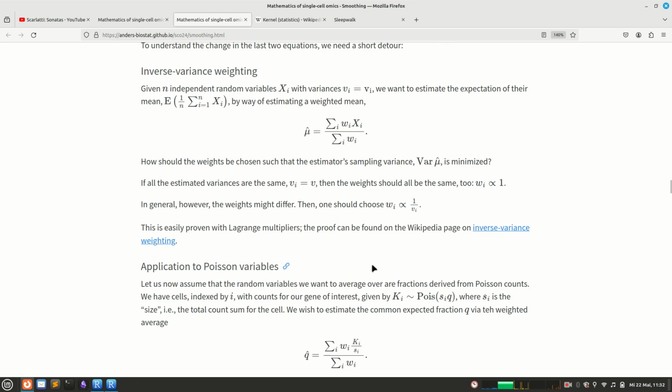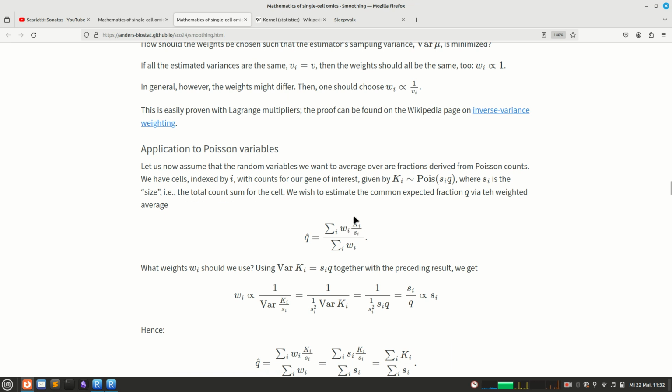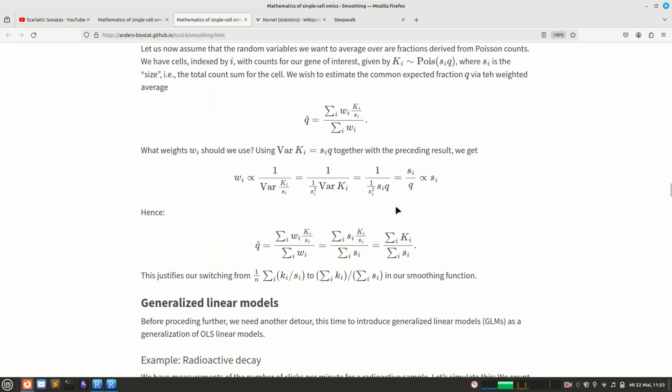this is the minimum. But now, if I want to apply this here, I want to make a weighted average of this ki over si, and for the weights, I want the weight to be 1 over the variance. The variance is proportional to 1 over si, so the weight should be proportional to si.